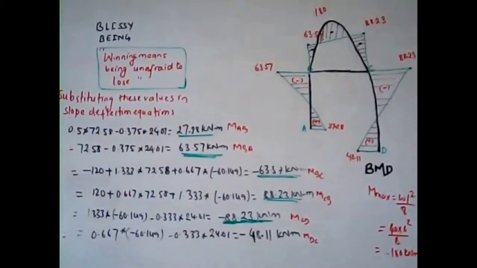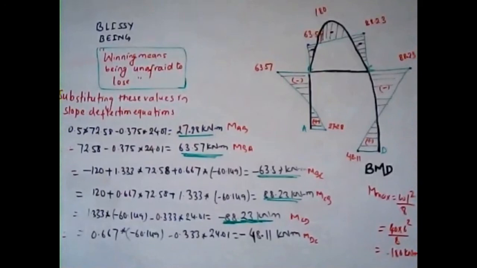In the CD section there is 88.23, which is negative, so we write it as negative in the outward sense, and in DC minus 48.11. Actually DC shall be in the opposite sense as the value obtained is 48.11, so we write it as positive and inside the frame. Joining them, we obtain the figure as shown.